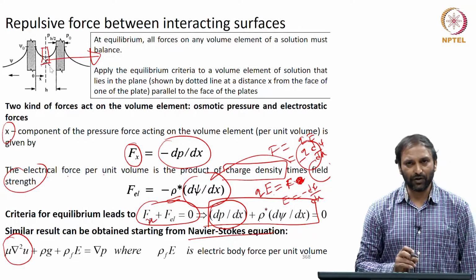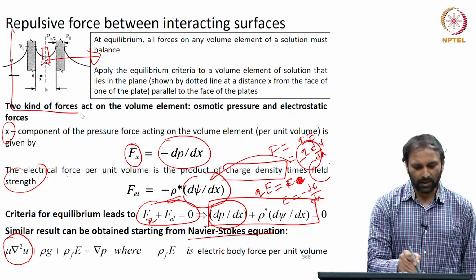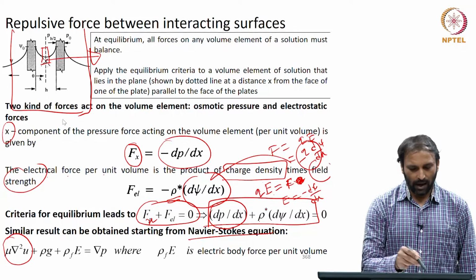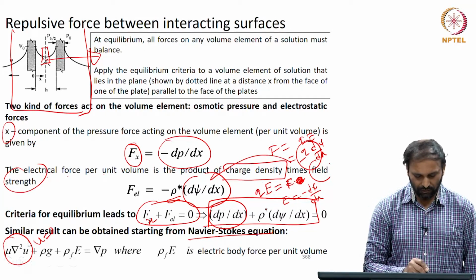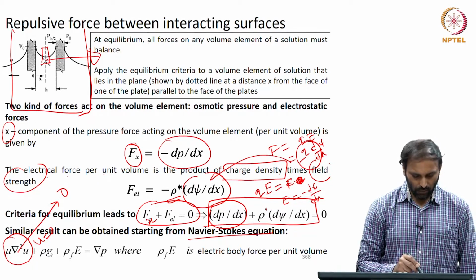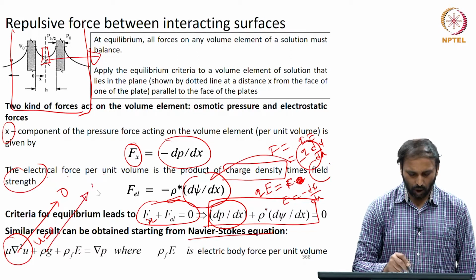However, because we are talking about a case where you have particles immersed in an infinite bath of electrolyte and there is no bulk flow, the velocity u is going to be 0. Therefore, this term is going to be 0, and we are going to assume that the gravitational effects are not important.